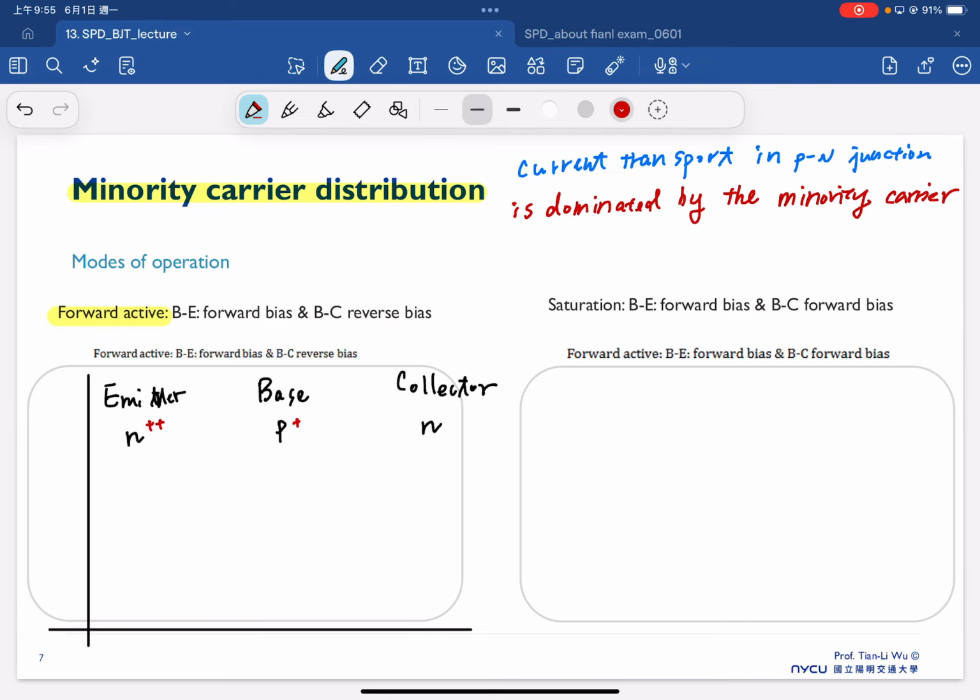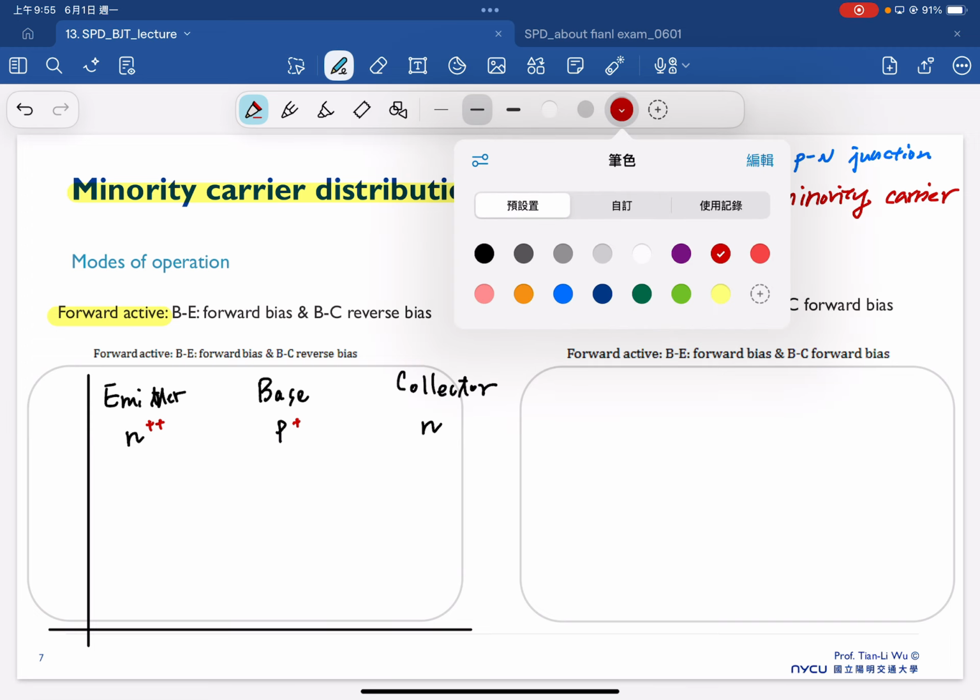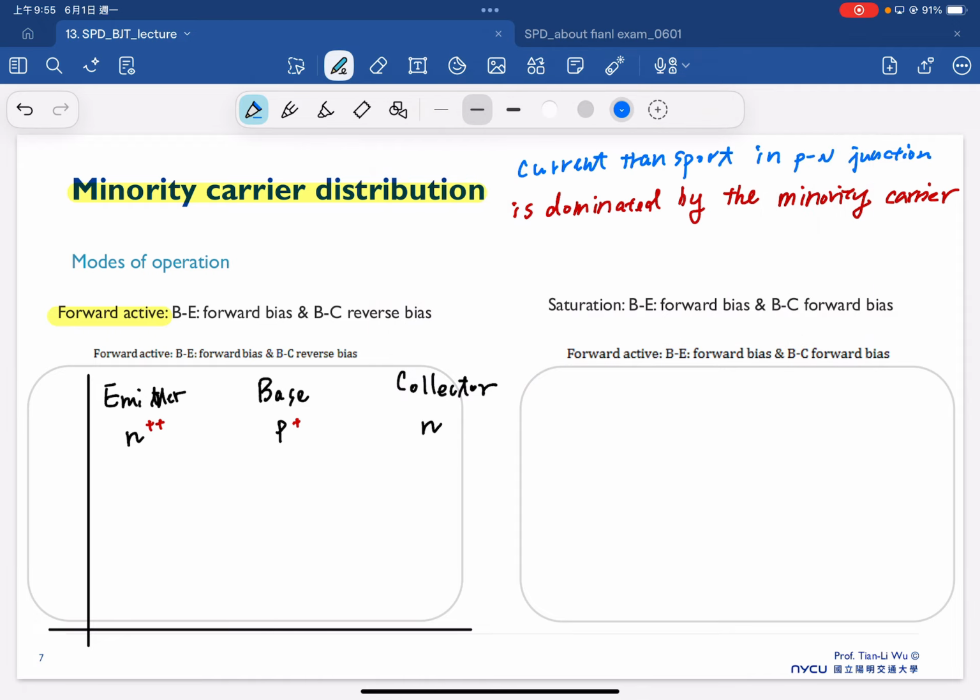This is the carrier distribution for each junction. First of all, between the junctions we will have a depletion region. So we will have a depletion width between the emitter and base, and a depletion region between the base and collector.